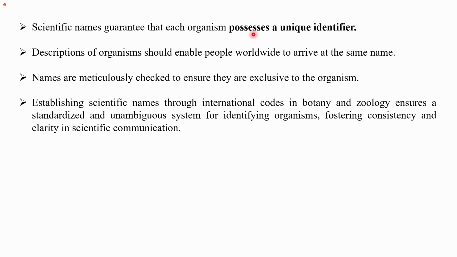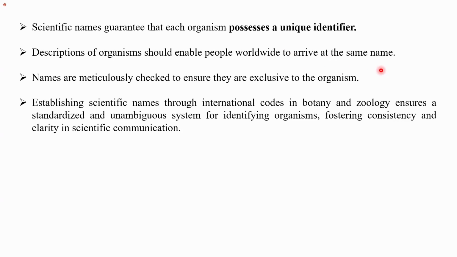So basically, scientific names are the unique identifiers. This is a process of unique identification of every organism. And the description of organisms should enable people worldwide to arrive at the same name.